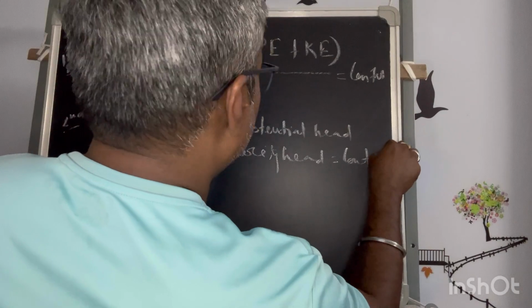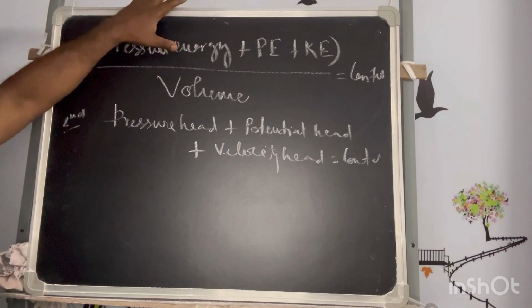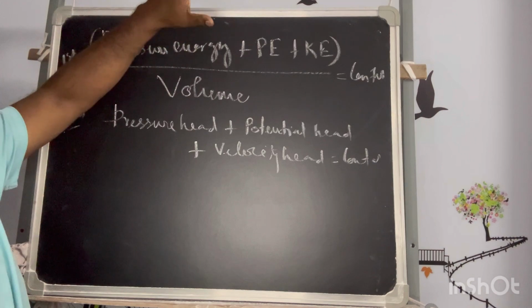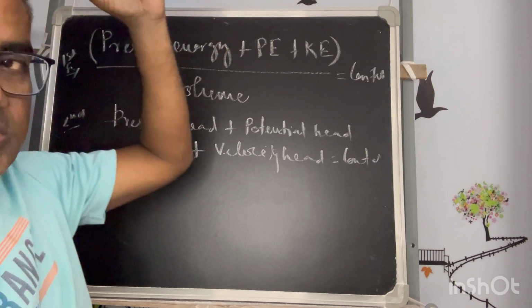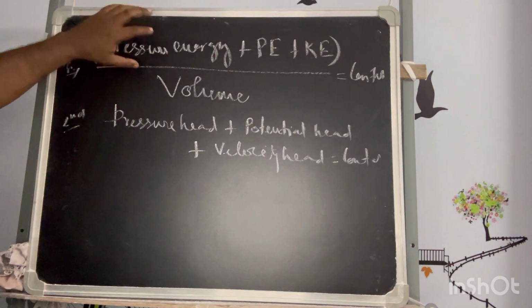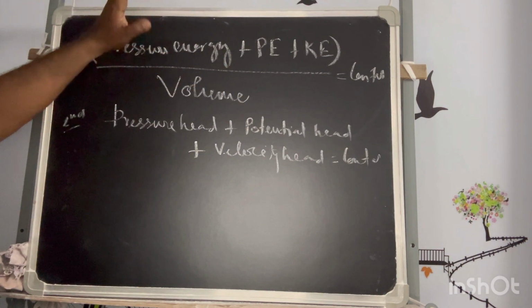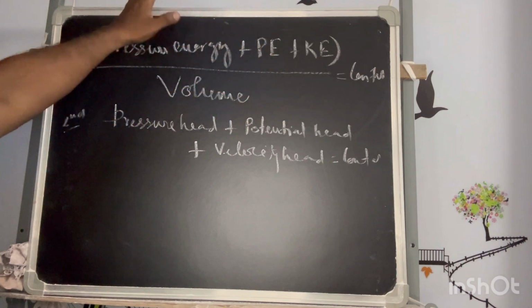So if I say the energy equation, for any energy equation that is measured in terms of joule, if I divide with the volume, we'll get the respective equation, joule per volume.